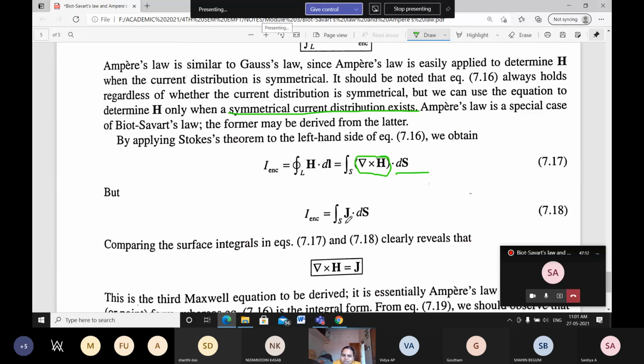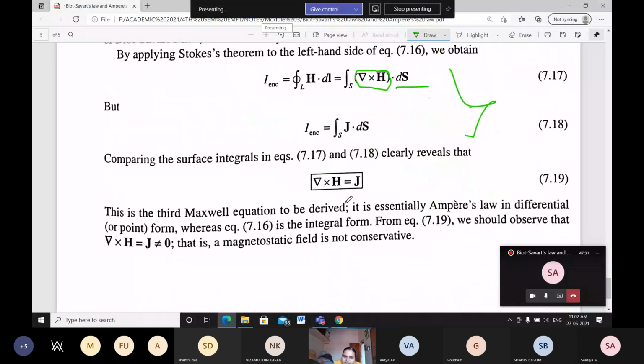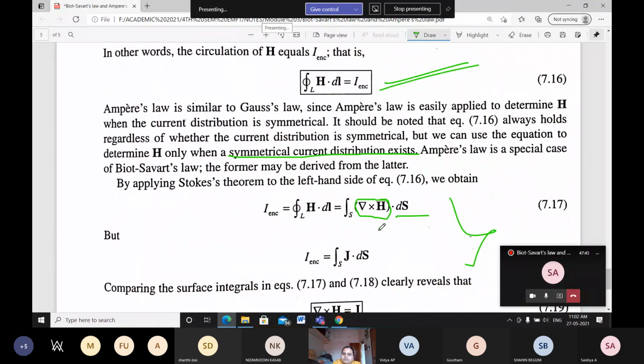Therefore, I enclosed can be written using the current density equation as the surface integral of J dot dS. Comparing both equations, del cross H is equal to J, the current density. This is Maxwell's third equation derived, and it is essentially Ampere's law in differential or point form, whereas equation 7.16, the one we took earlier, is the integral form.